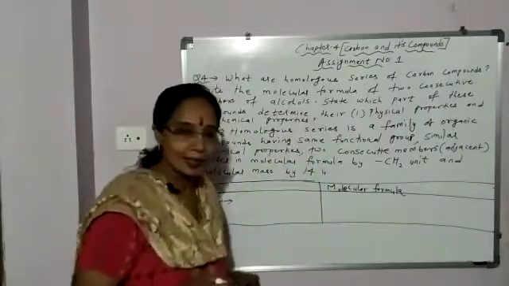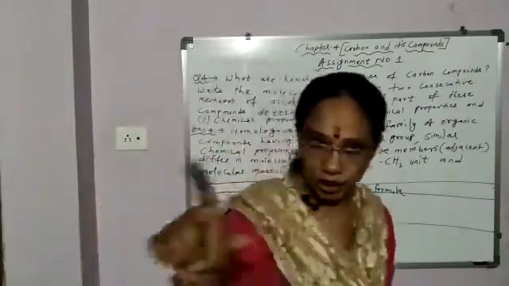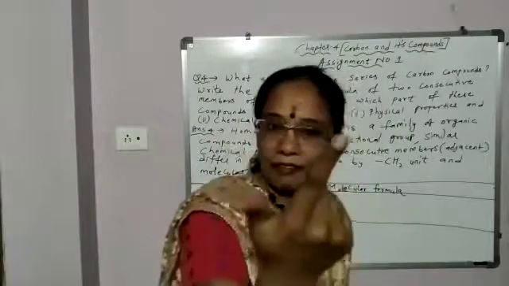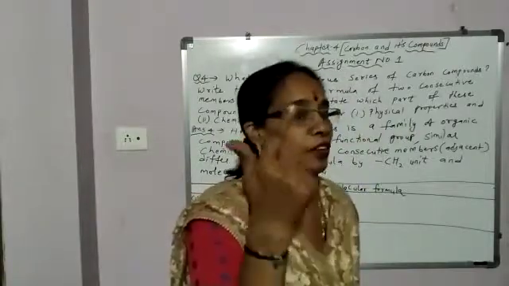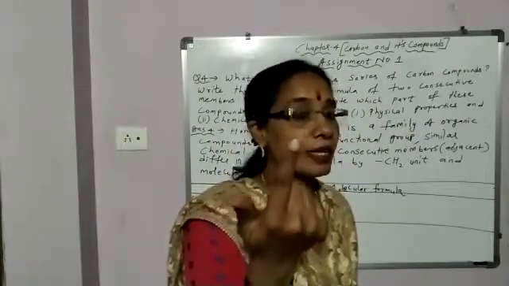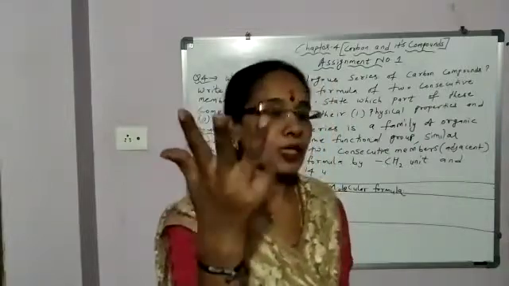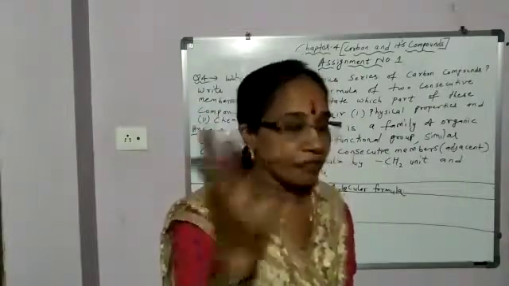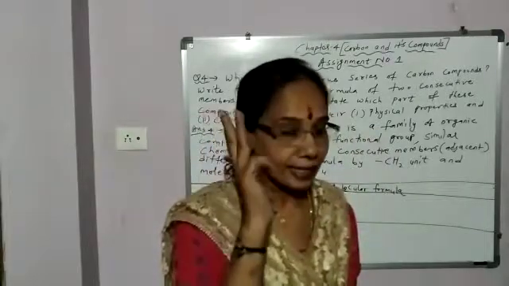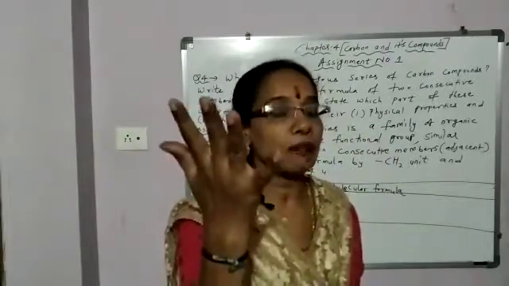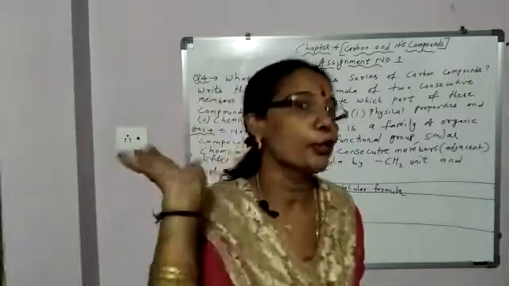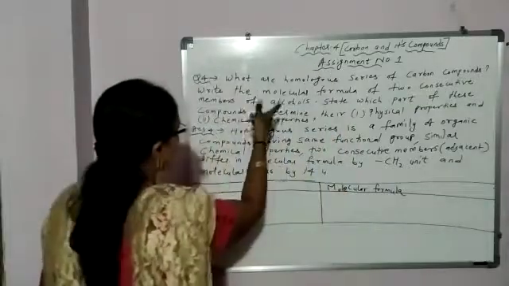So what is homologous series? Homologous series is a family of organic compound having same functional group. When functional group same, which property is similar? Chemical properties. Similar chemical properties, then two successive members differ in molecular formula by CH2 unit and molecular mass by 14U.